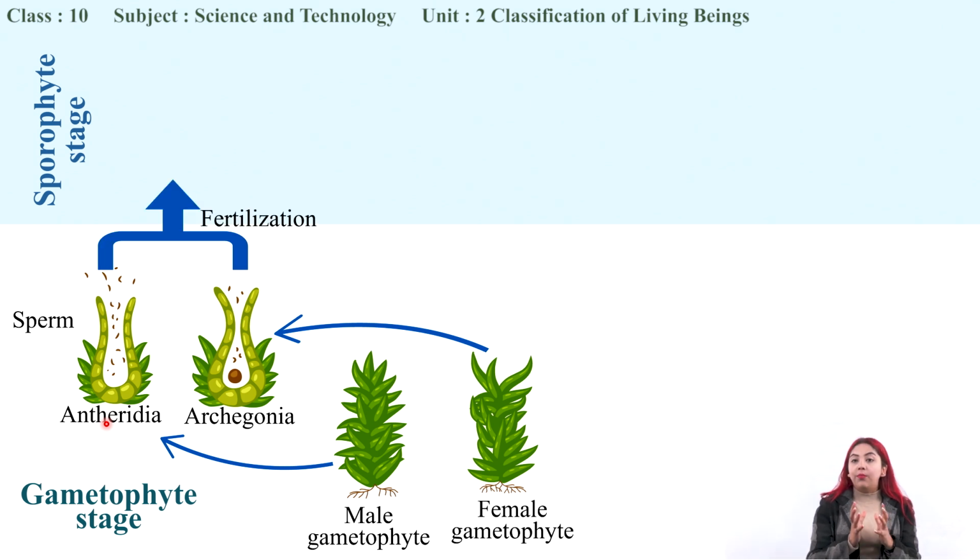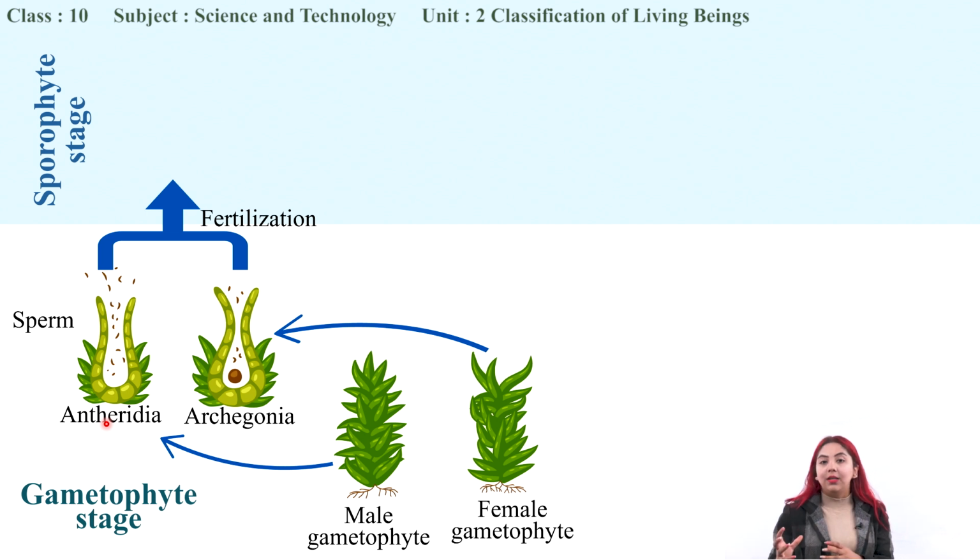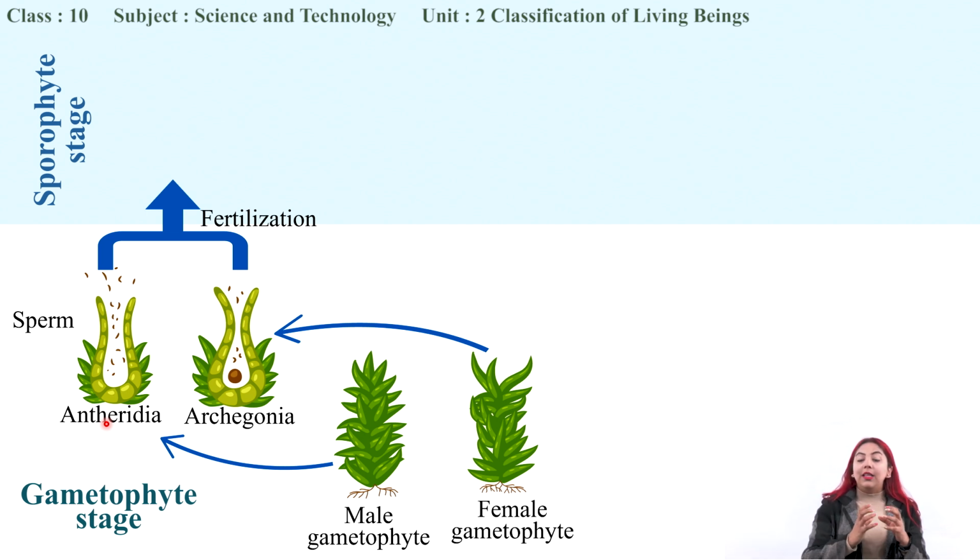Now there is one important point about this division, the bryophytes. They are also called amphibian plants. Amphibian because even though they are terrestrial, they are highly dependent on water, because they need water to live.